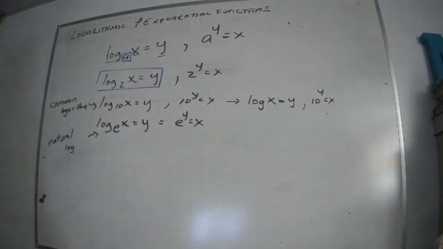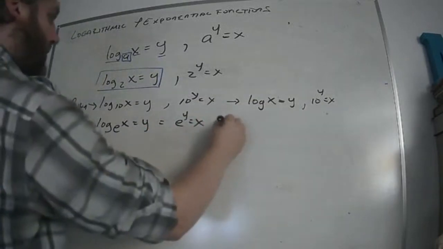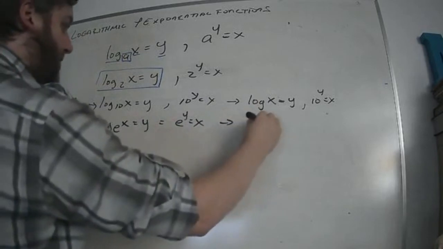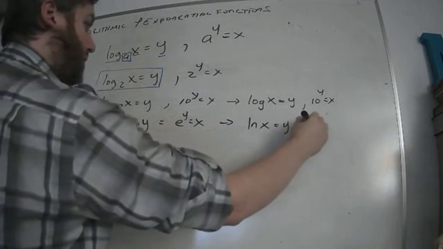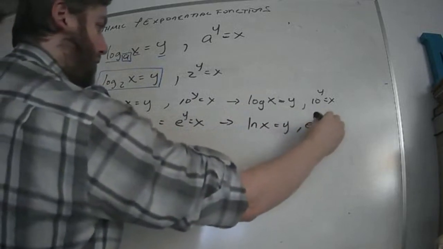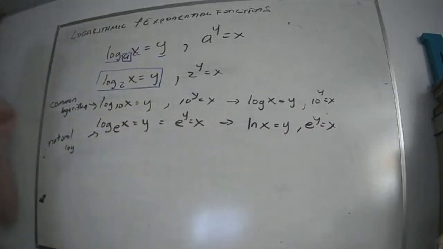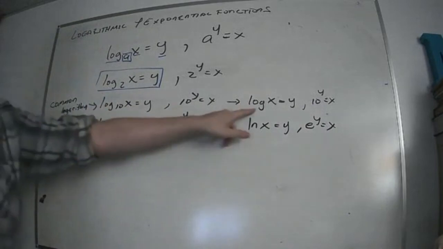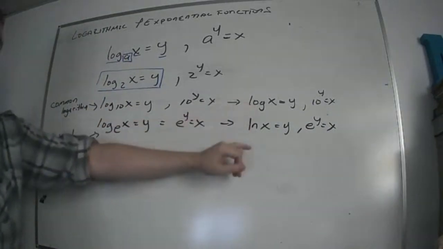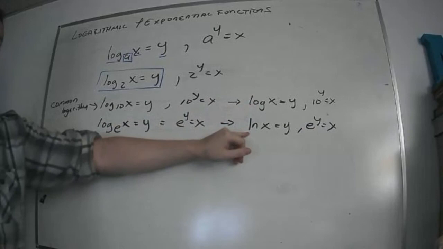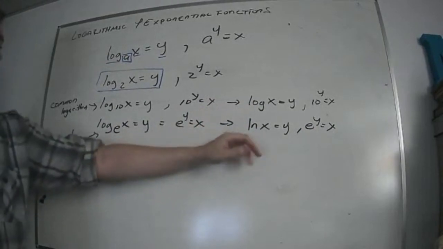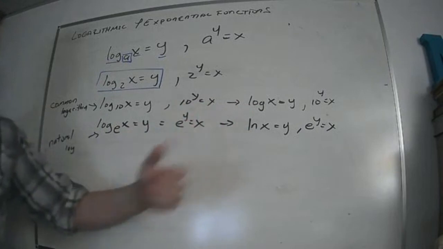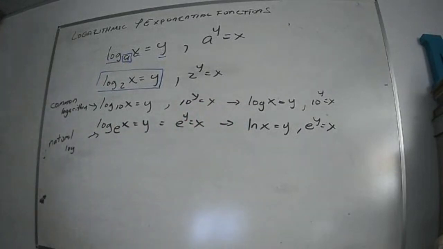If there's no subscript in this notation, it is assumed you mean 10. This one will be written as this. So instead of using the notation where you say log for logarithm, I'll say ln. Sometimes you say ln of x, or you say ln x. It stands for logarithm naturalis, Latin for natural logarithm.